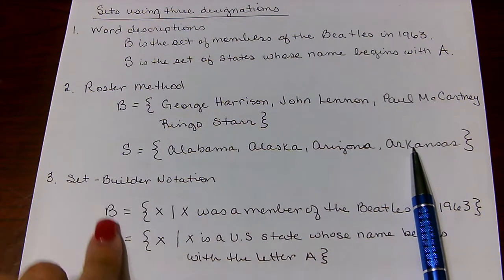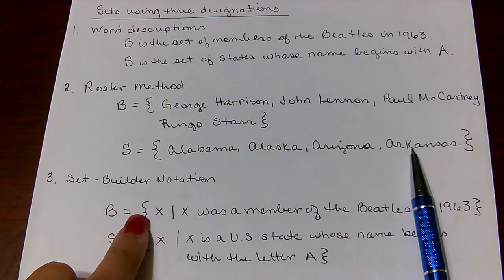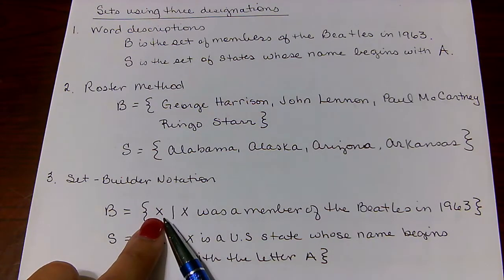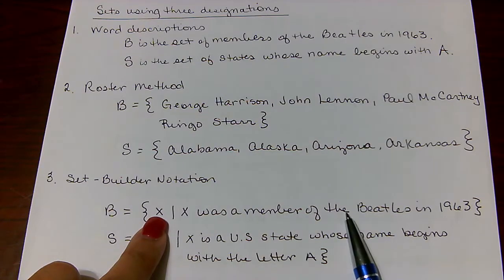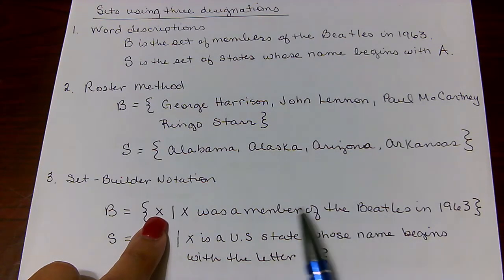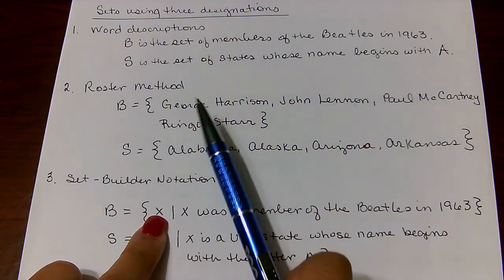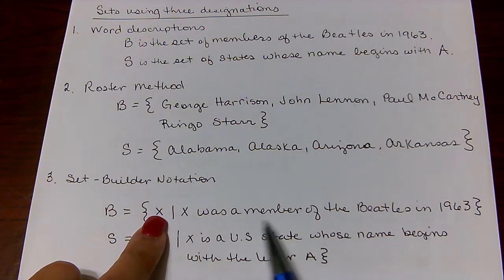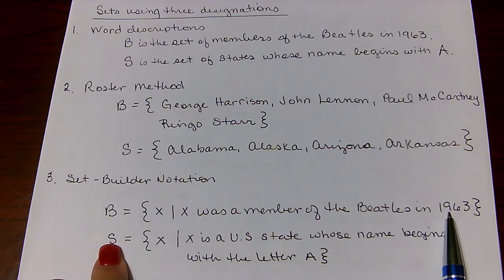We could also use set builder notation. Notice you still have the set name, the capital B here. The difference is that I'm naming the element, which is going to be our element X, where X was a member of the Beatles in 1963. So the element X is describing the individual people who were in the Beatles in 1963.